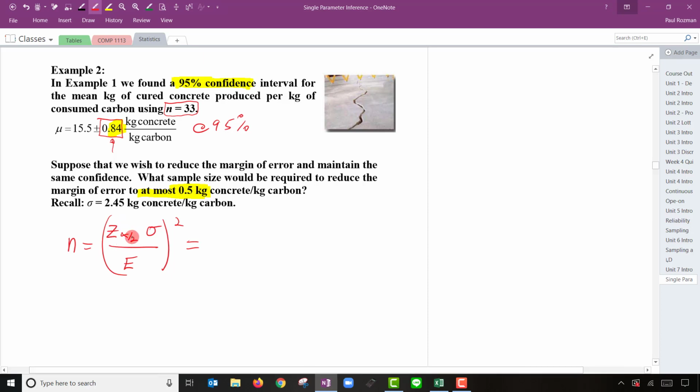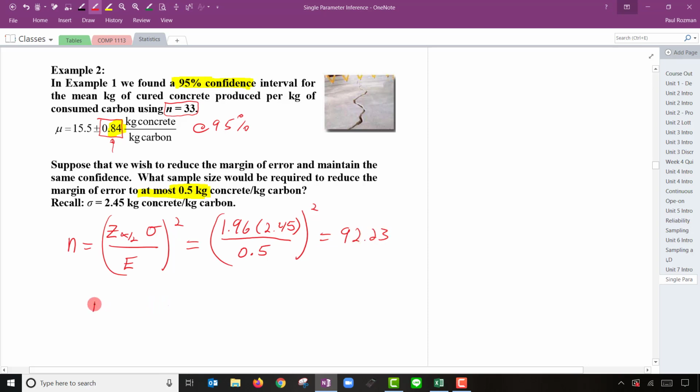The z-score that goes with 95% is 1.96. My sigma hasn't changed, 2.45. My error now needs to be 0.5. And we calculate that. I get 92.23.